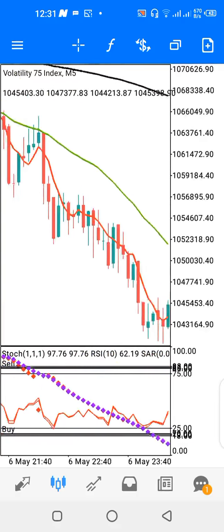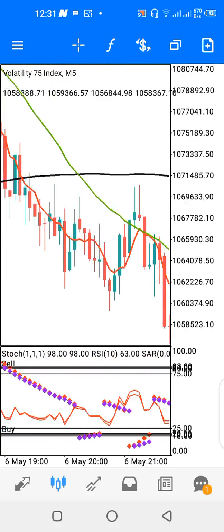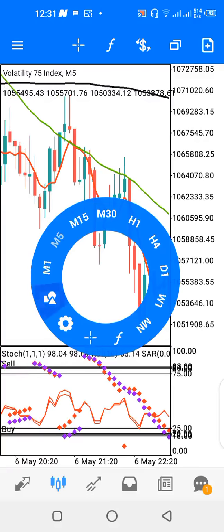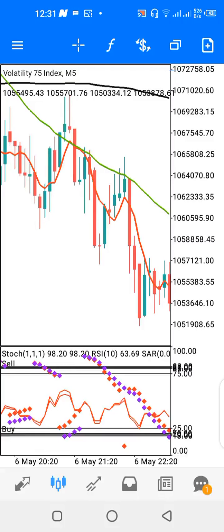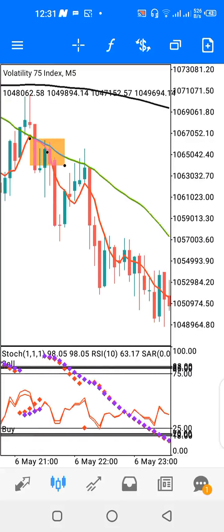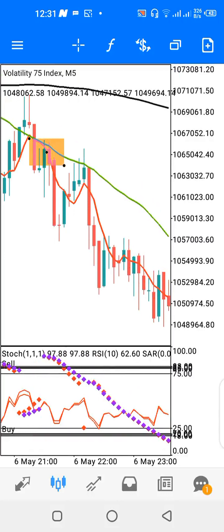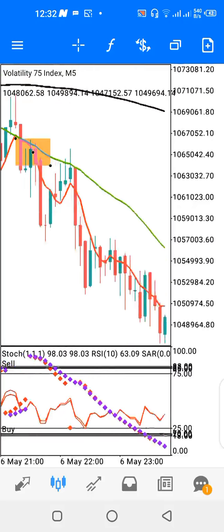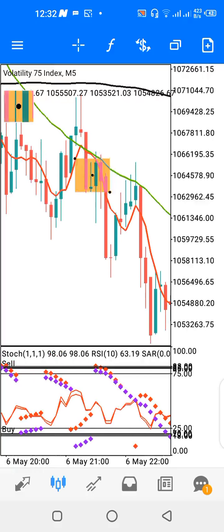But when we have the lines below the black line, let's look at that scenario. Now we are below the black line here, and we have the red line going down below. We enter our sell trade around here, when the red line touches the green line and crosses downward.